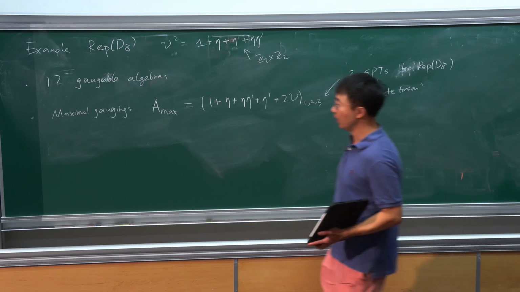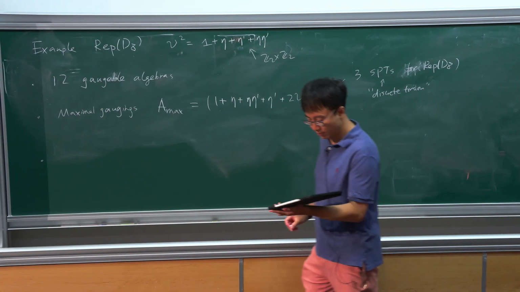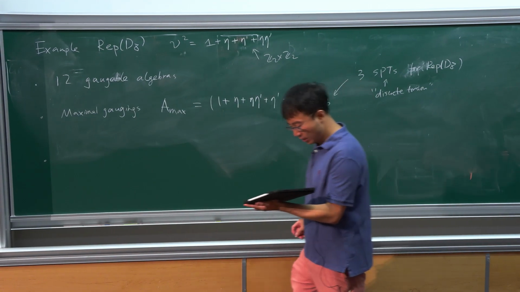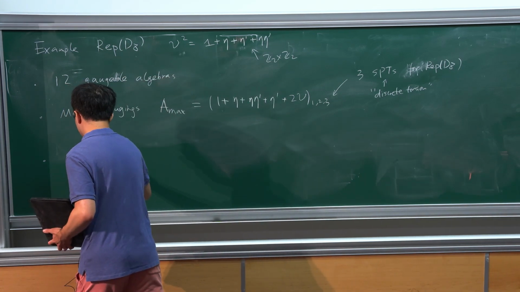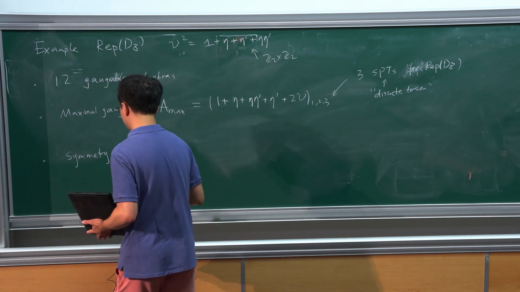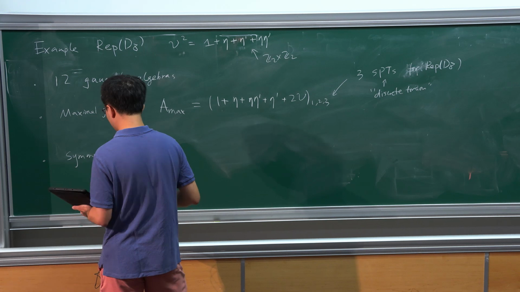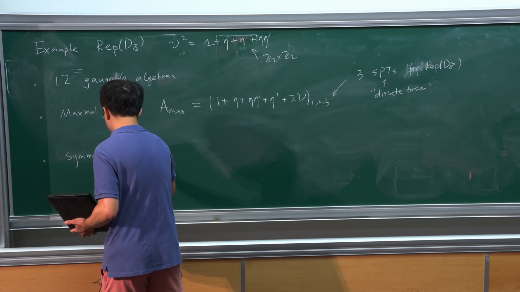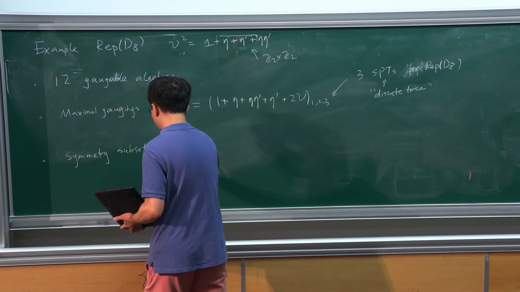And you can ask what happens in the physical theory with the symmetry under gauging this algebra. One example where the symmetry is realized is the orbifold branch of the compact boson, which we talked about in the first lecture, in the sense that this Rep-D8 is a symmetry subcategory of the orbifold branch.